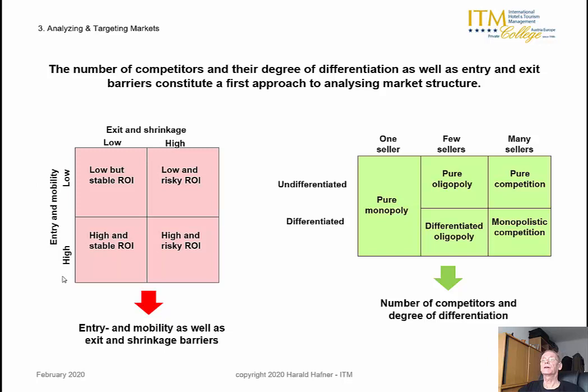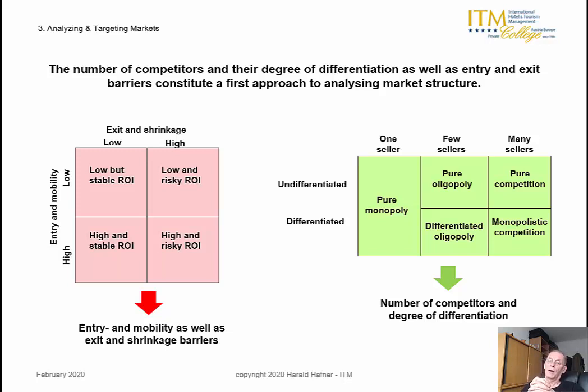Now let's look at the matrix here. If both are low, entry and mobility barriers mean it's easy to get into the market, and low exit and shrinkage barriers mean it's quite easy to get out of the market. We have low but stable ROIs, whereby ROI stands for return on investment.